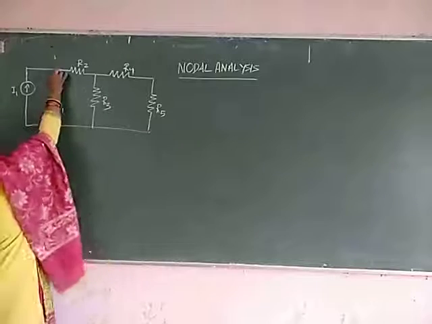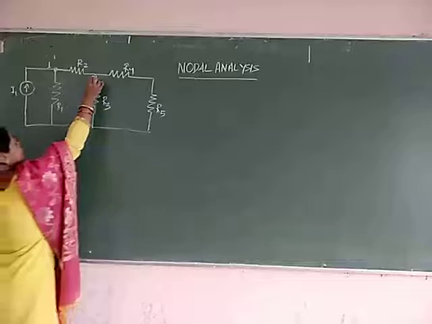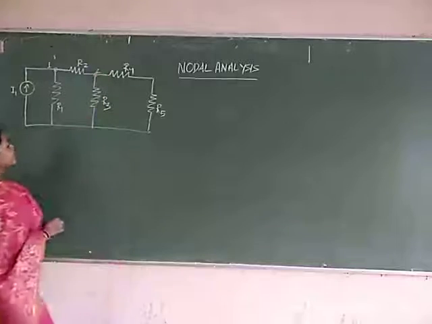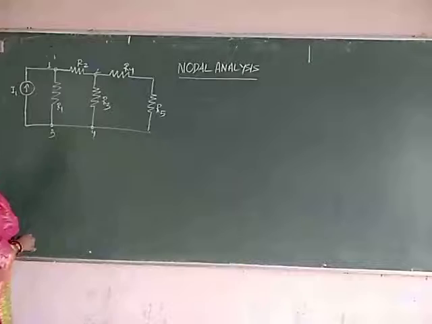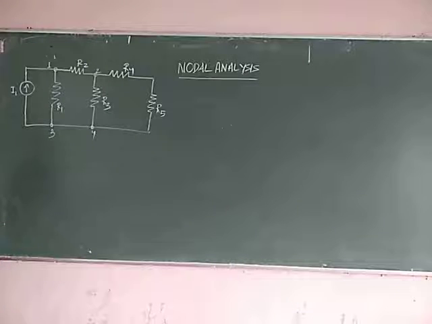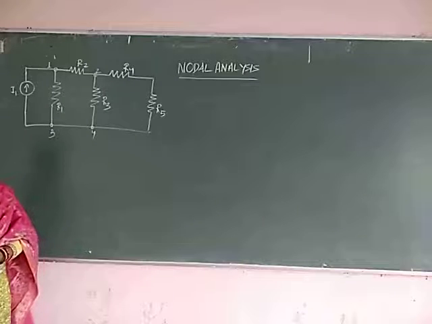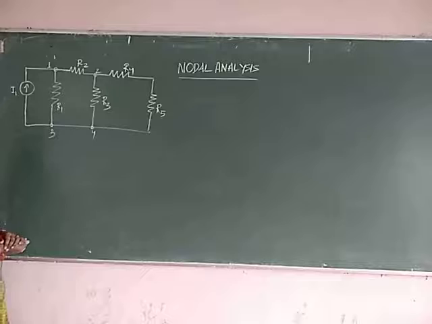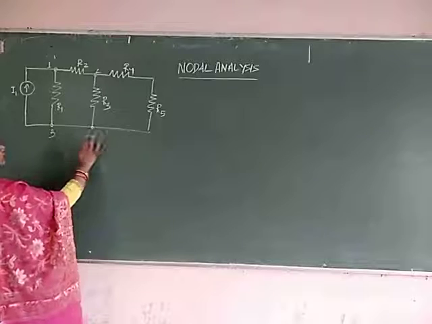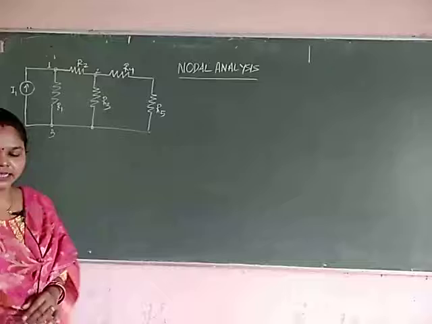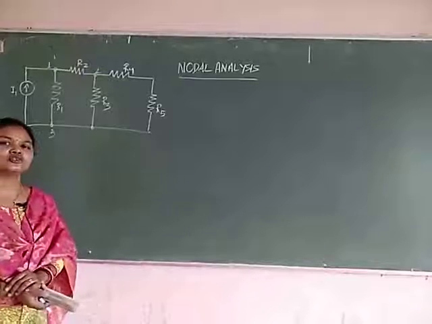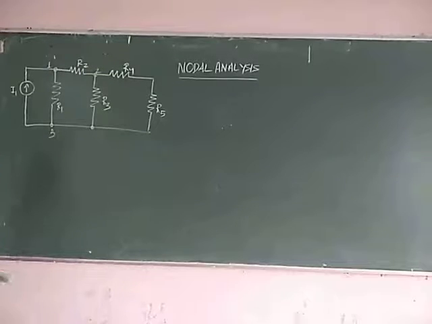This is one node, this is one, this is two, this one is 3 and 4. As in between 3 and 4 no element are there, you assume 3 and 4 node as a single node.